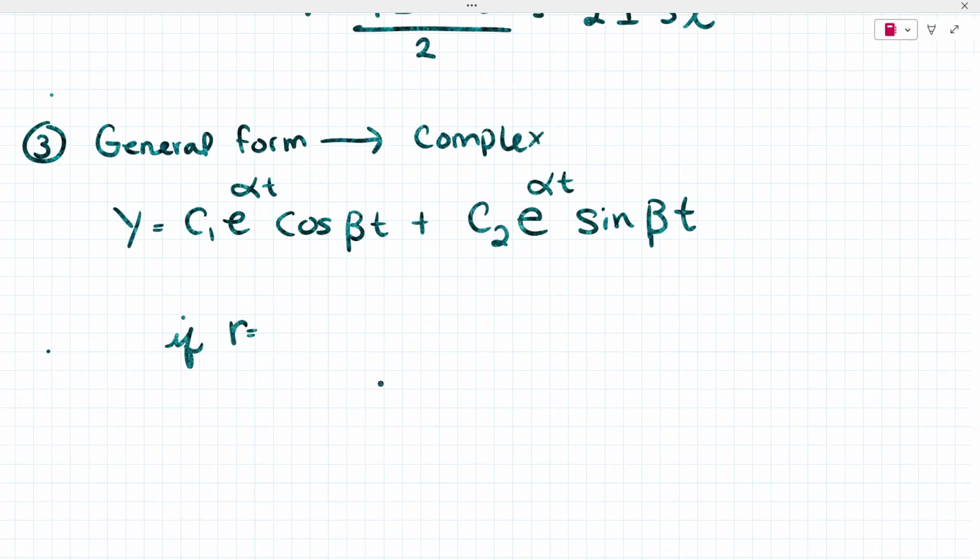So if r equals 2 plus or minus 3i, our final answer is, so this 2 represents your alpha, this 3i represents your beta.